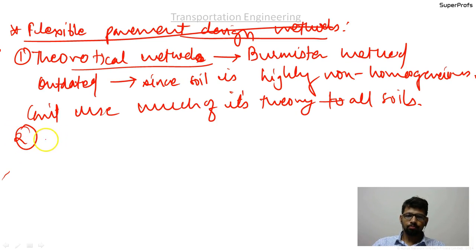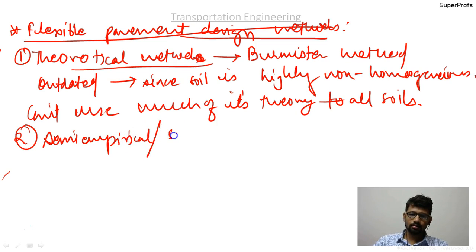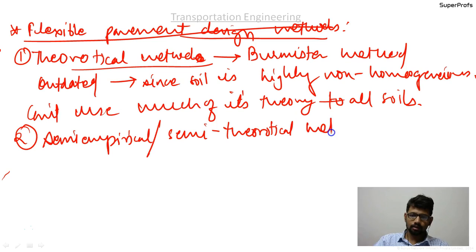The second method for flexible pavement design is the semi-empirical or semi-theoretical method.